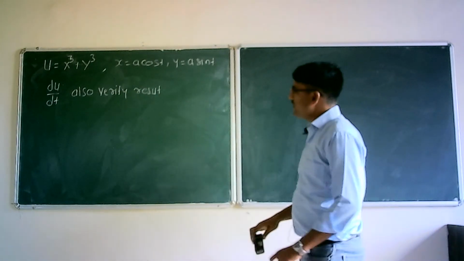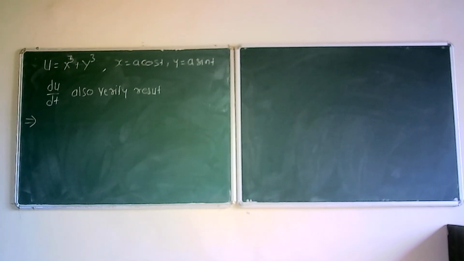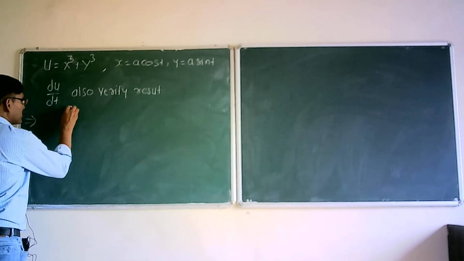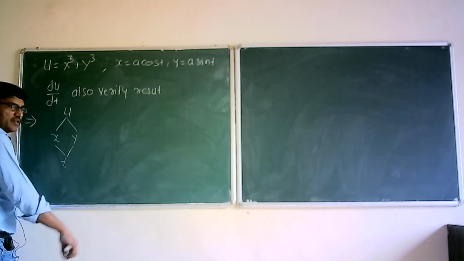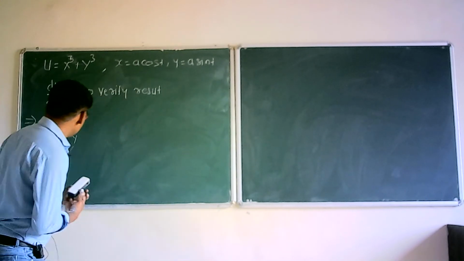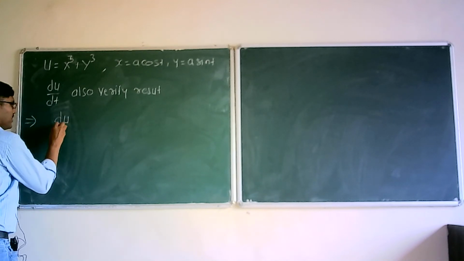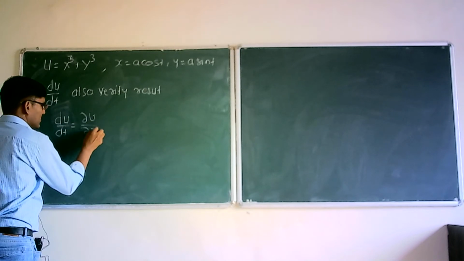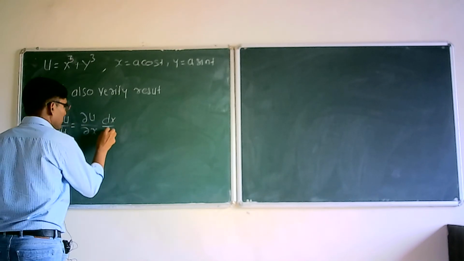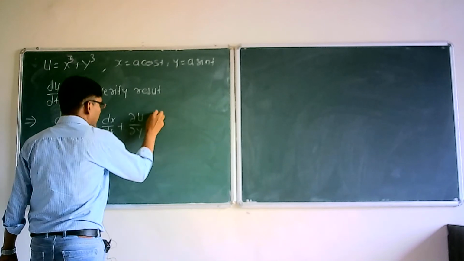So what is given here? U is equal to x cube plus y cube. U is a function of x and y, and x and y are functions of t. So again chain rule number 1. So what is du by dt? Du by dt is equal to del u by del x into dx by dt plus del u by del y into dy by dt.